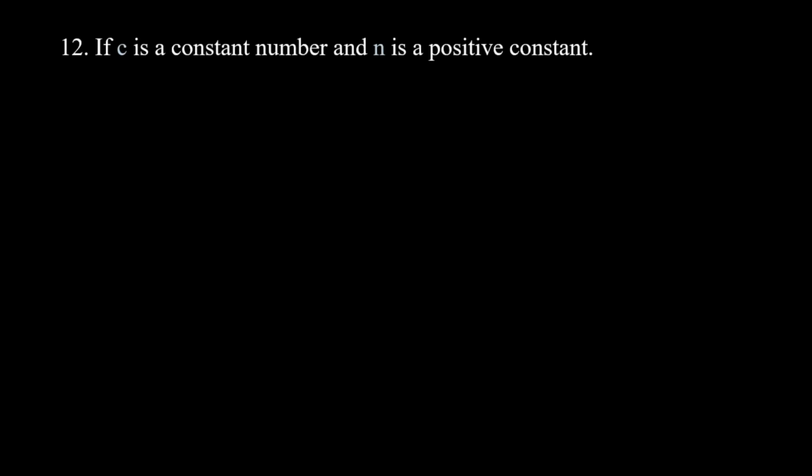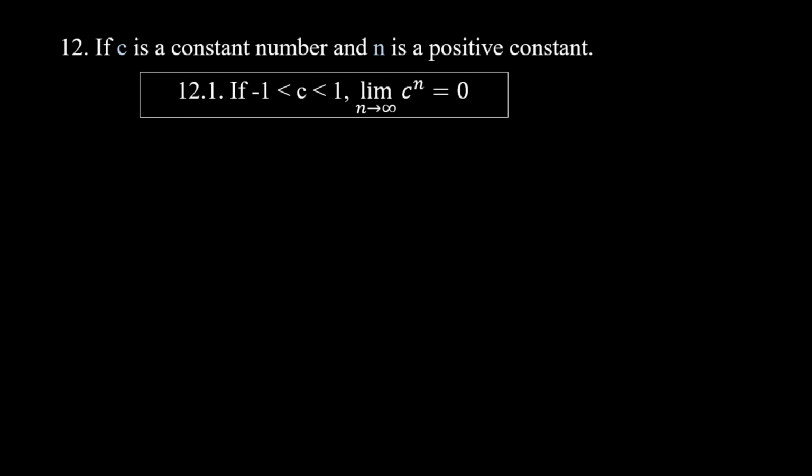Now, theory number 12 is just like a quick trick for you. So if c is a constant number and n is a positive constant, so if negative 1 is less than c, and c is less than 1, you get that limit of c to the n as n approaches infinity will equal 0, which means the c has to be a fraction.